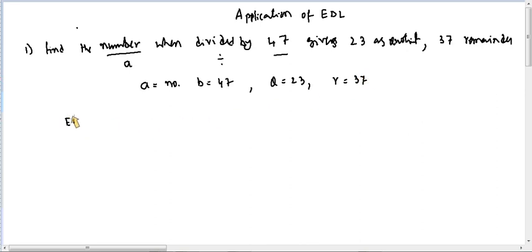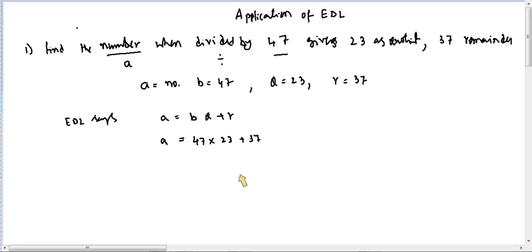So EDL says a is equal to b into q plus r. Let us apply all these values in the formula. So a is a only, b is 47 and q is 23 and r is 37.